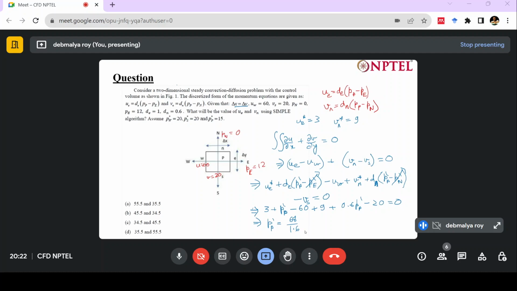So using this pressure correction value, we can find out the UE as UE star plus DE PP dash. Because anyways the P dash is 0, we would not be requiring that. So this is needed. DE is 1 and this is 3.